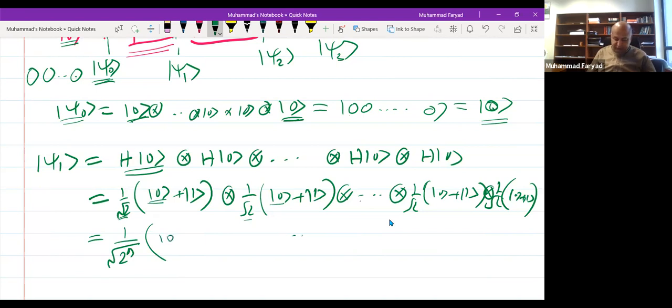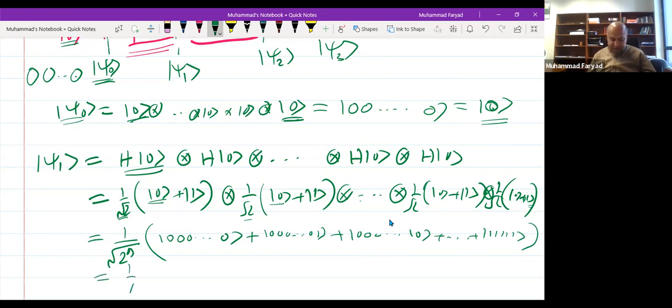So I get the first term as all qubits 0. Then 0, 0, 0, all the way to 1. Then plus 0, 0, 0, 1, 0, and so on. And then perhaps the last term, all qubits in the 1 state. So this is just another way of writing it.